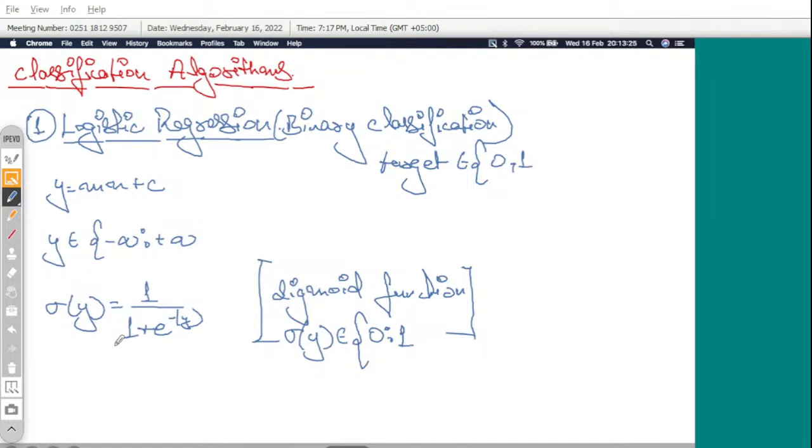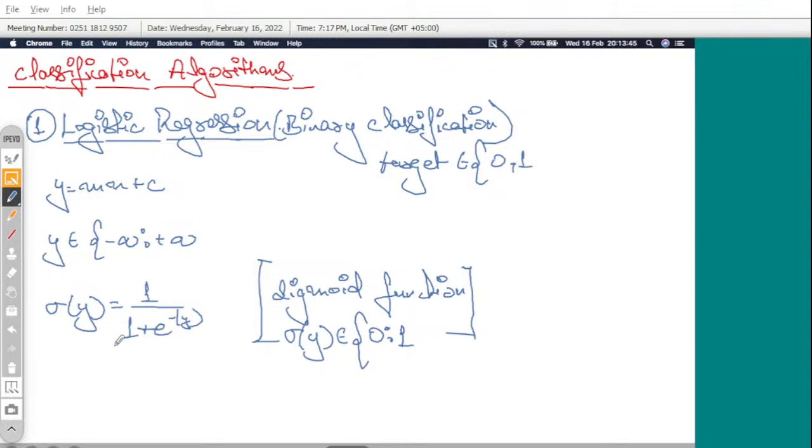This is a sigmoid function, y equals mx plus c. In that case, y can have any continuous value, minus infinity to plus infinity. But our target variable, the target y, is only 0 or 1.